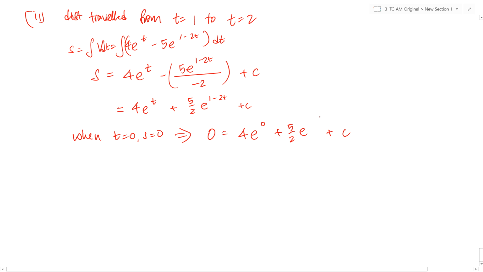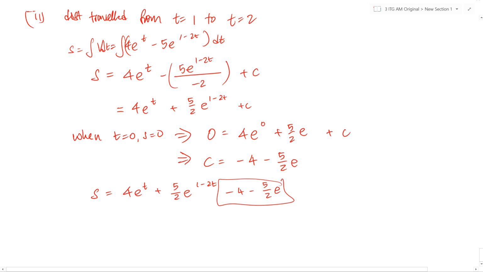So based on this, c is negative 4 minus 5 over 2e. Our expression for displacement now has c as negative 4 minus 5 over 2e. It has to make sense that whatever our c value is, it is actually a number. It is a constant. But I will leave it like this so that it is the most exact figure.